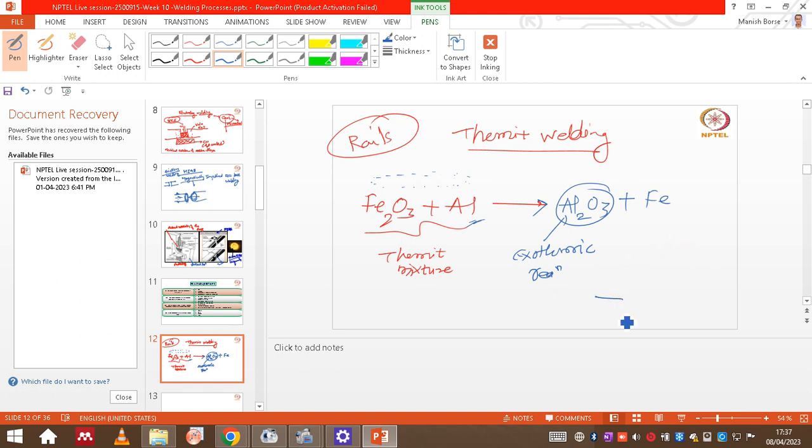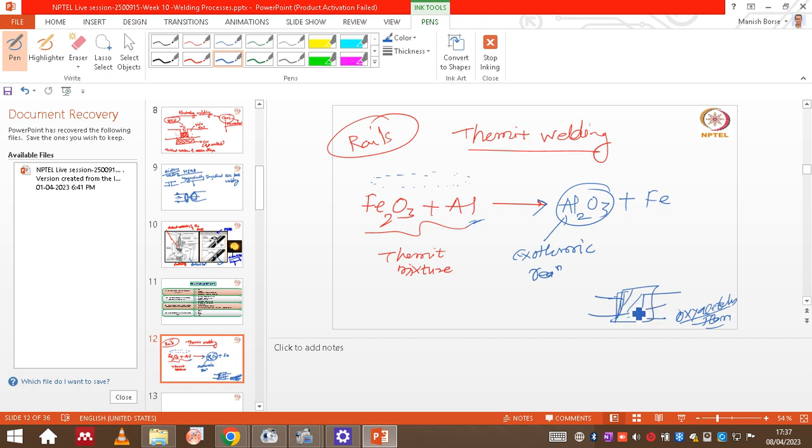Some die will be kept on the rail surfaces, a pre-die, and that die is pre-heated through a process like maybe generally gas welding, what you can say, oxyacetylene flame. With the help of the oxyacetylene flame, this joint has been preheated.